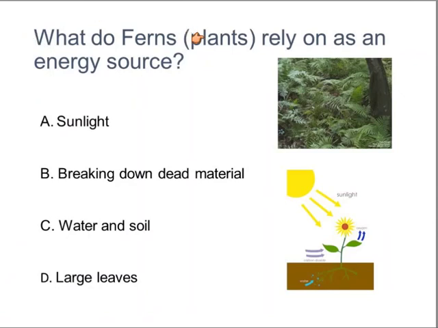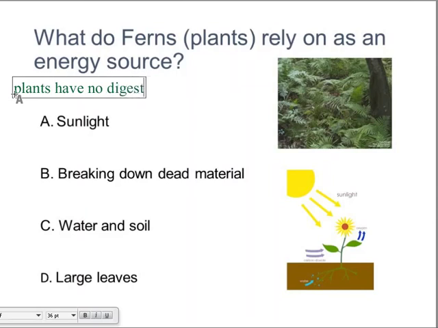Ferns, or plants, when we talk about that and we're talking about energy and digestion, you might think to yourself, why aren't we comparing plant digestion to animals, and I should say humans and flatworms? Well, the bottom line here is we can't compare because plants have no digestive system. So there's nothing I can show you.